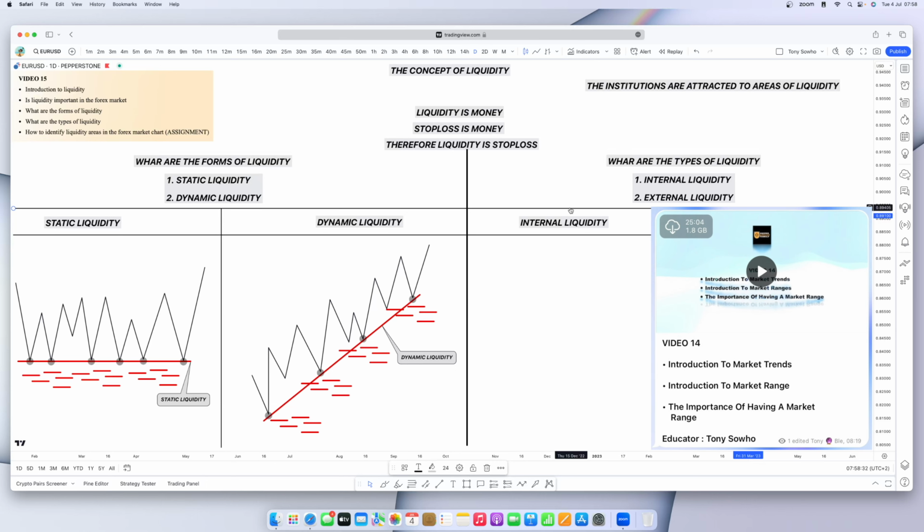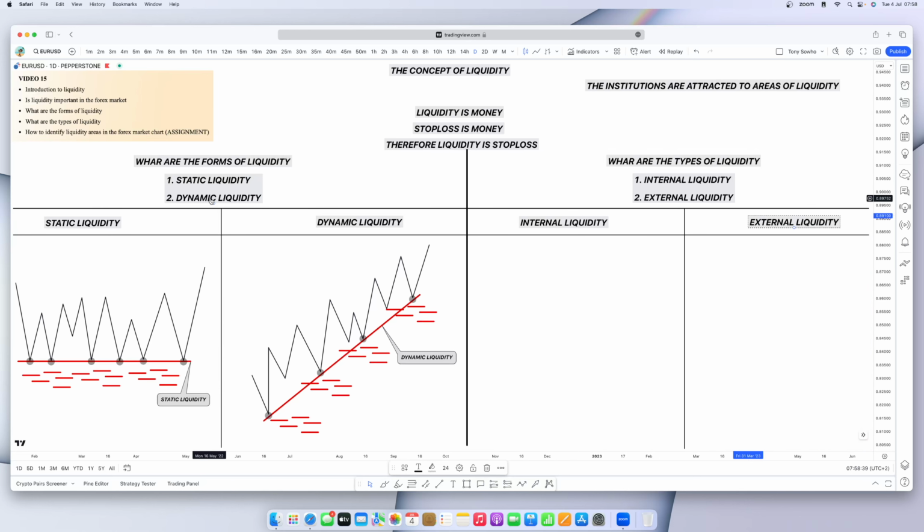There's no need to rush, okay? So go back, watch it before you come and continue this video, okay? So I hope you're going to do that. But if you have a good understanding of the range, now I'm going to show you an example of internal liquidity, because an internal liquidity is the liquidity that is found inside the range.